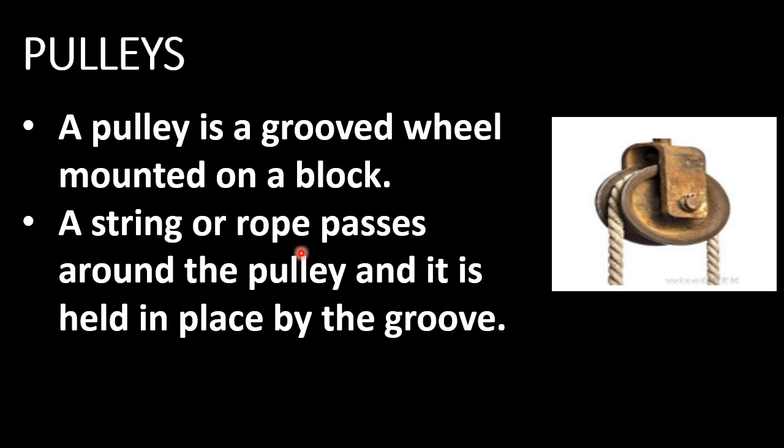So it has a string or rope which passes around the pulley, and the string or rope is held in place by a groove. So the use of the groove is to hold a string in place. You can see already there. What is the use of the groove? Is to hold the string in place.